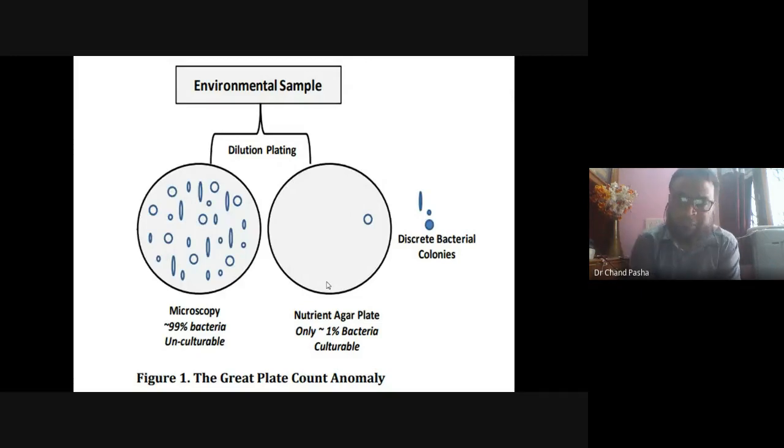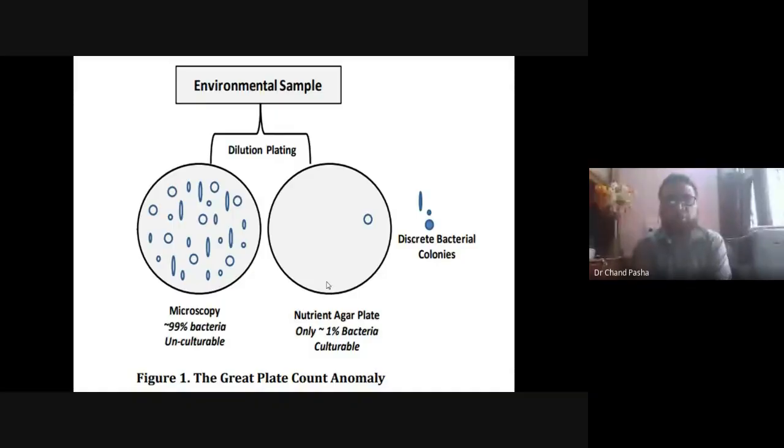It is proven that there are uncultured bacteria, and they are doing okay. Some signals they are getting, they are growing over there, maybe growing slowly. They are doing wonderful jobs. From the great plate count anomaly, we come to know that only 1% of the microorganisms we are able to grow.